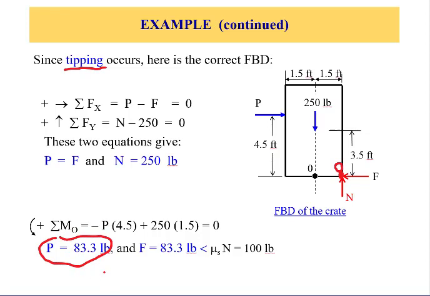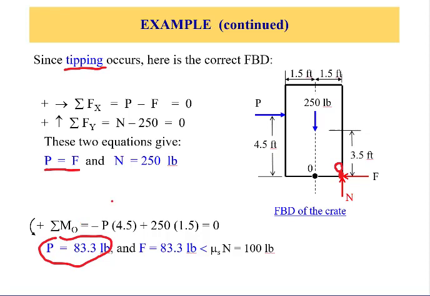Now, plugging this value into this equation will give us F equal to 83 pounds. Now, the condition for tipping is that the friction force must be less than the maximum static friction force.